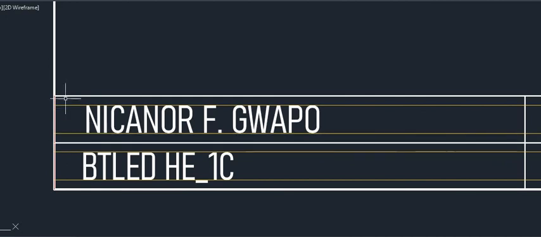So 1 cm and then 1 cm, and then 2 millimeters from this line up to here for our guideline, and then another 2 millimeters distance from here up to this guideline. The same process applies with the upper dimensions to get the guidelines. So 0.6 centimeter or 6 millimeters will be the height of our text.